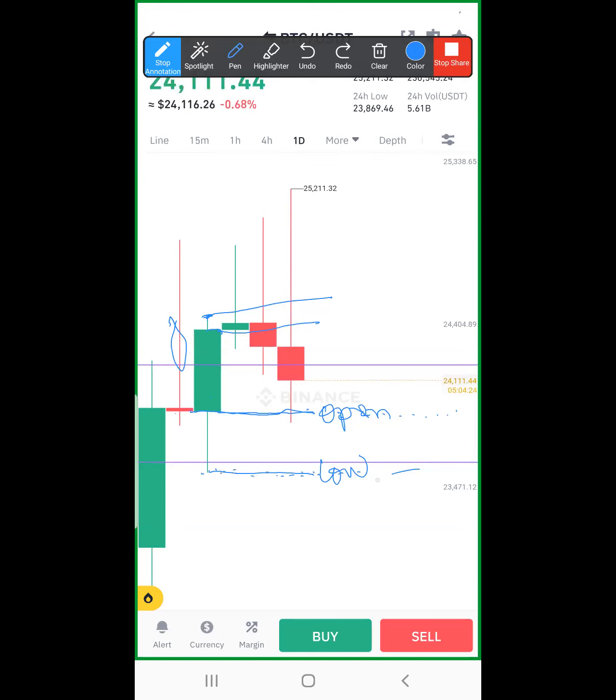Everyone wanted to buy at that price. Because the demand was high at that price, the price of Bitcoin that day was pushed. It even reached this point. We call that the high of the day.